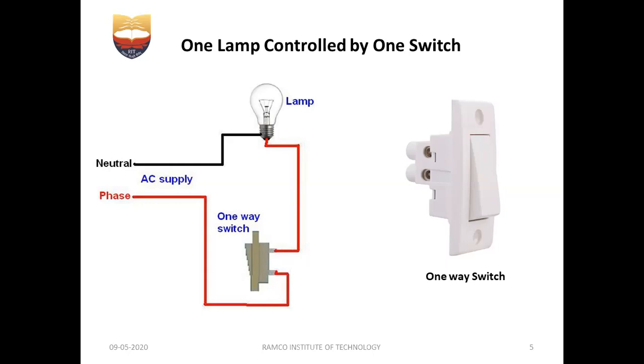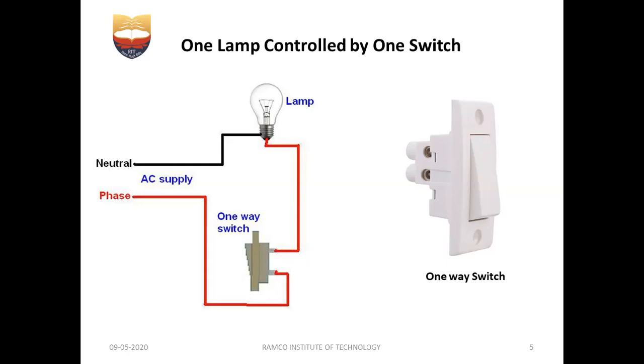See here, one lamp controlled by one switch. It may be a lamp, or a fan, or any electrical load. In this slide I have chosen a lamp as the load, right? So how are we going to do the connections? In our home, in the kitchen and all, if you press a switch, your lamp starts glowing.